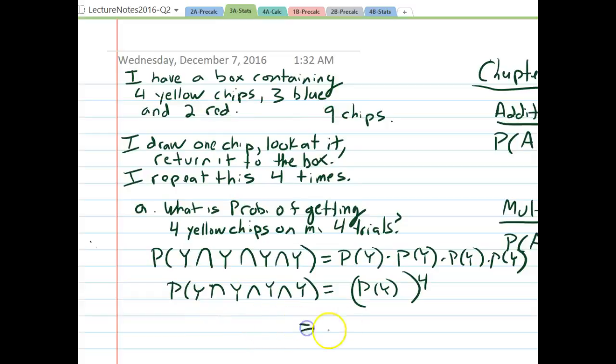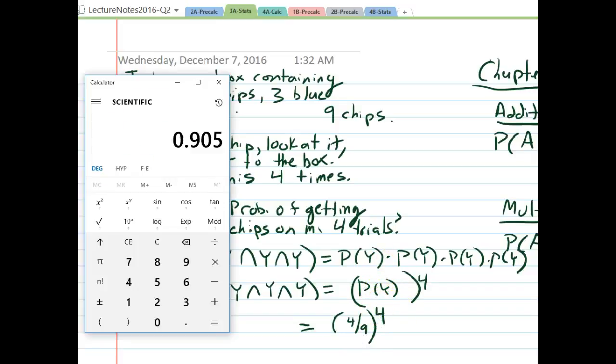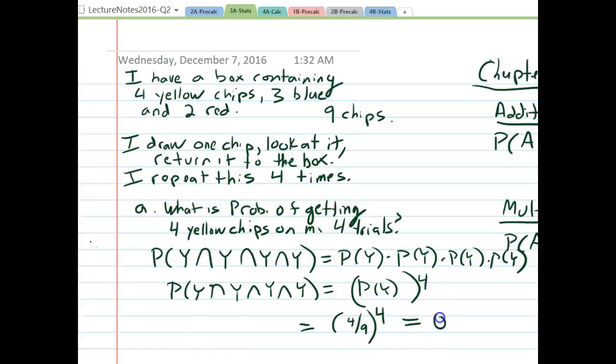So I've got a 4/9 chance on one pull of getting yellow, and I raise that to the 4th power. That means I'm going to take 4 divided by 9, and then raise that to the 4th power on my calculator, and I get 0.039, or 3.9%.